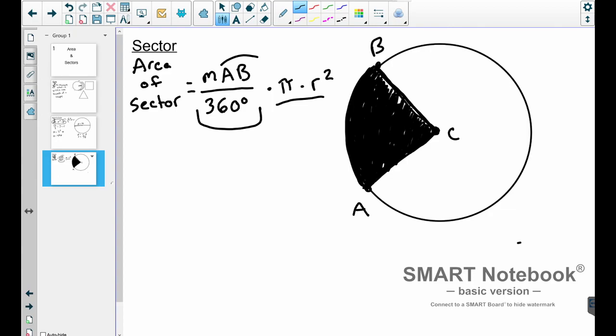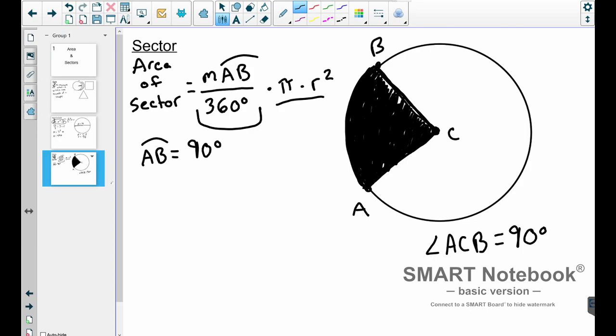So let's just say that our central angle, angle ACB, equals, let's go with something like, this looks like a right angle, so let's just make it a right angle, 90 degrees. Okay, well, if our central angle equals 90 degrees, then we know that arc AB is equal to 90 degrees, right?